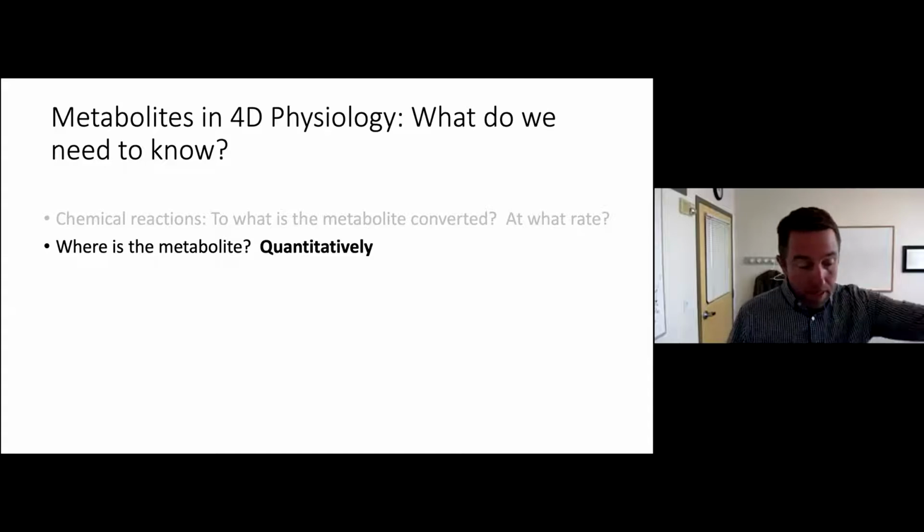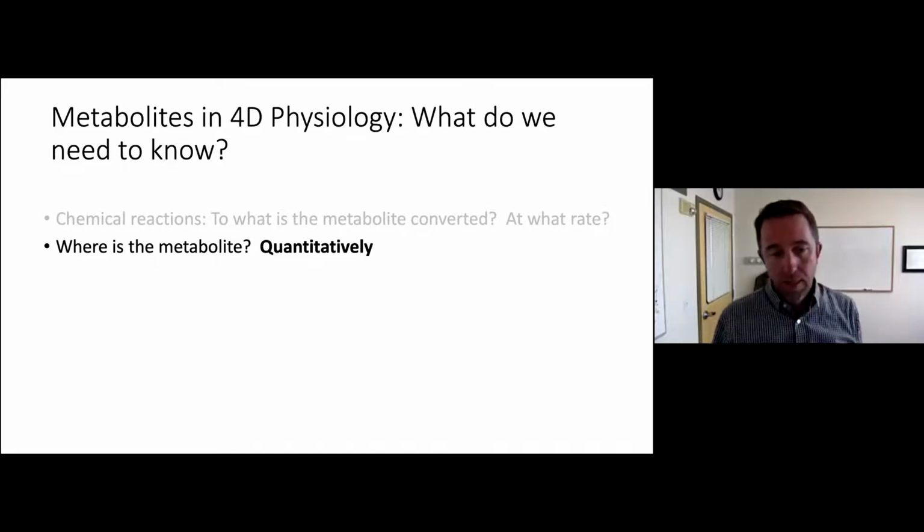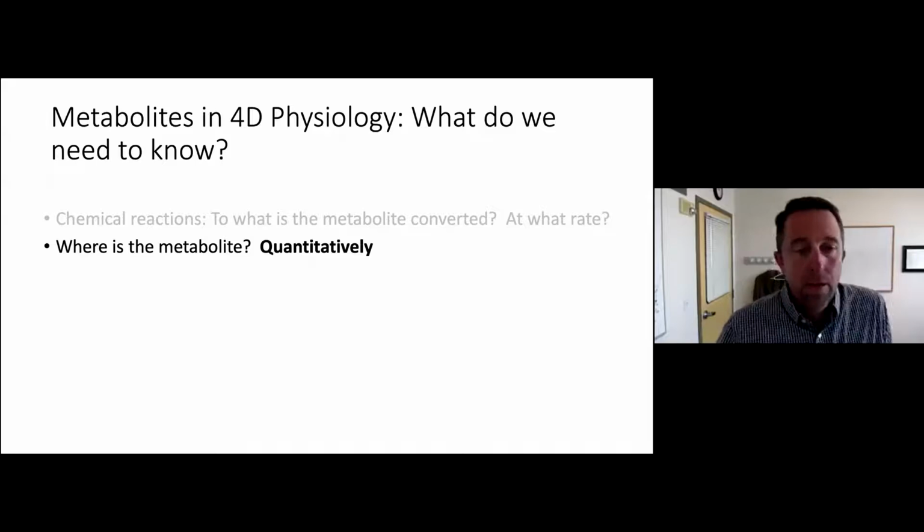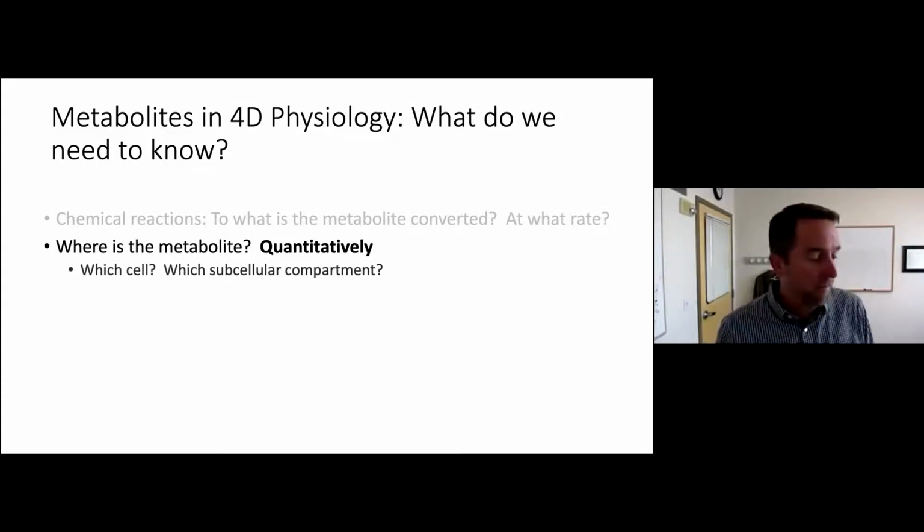That is the frontier that we need to cross to get to a true understanding of 4D cellular physiology from the context of metabolic physiology. And Zolt talked about this in the context of organs, and that's certainly important. What are the fluxes across organs?